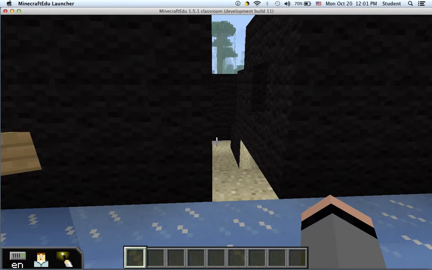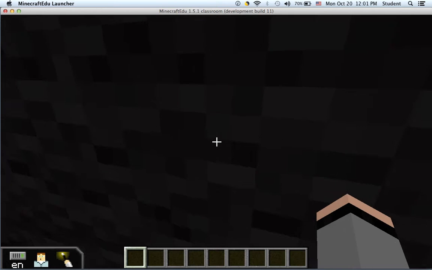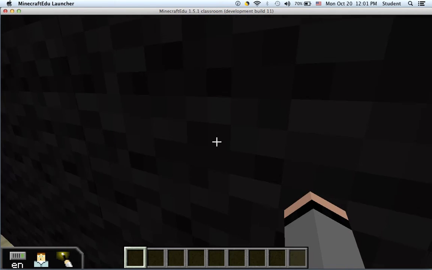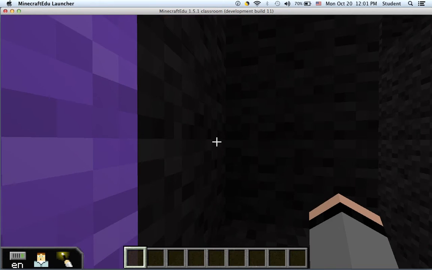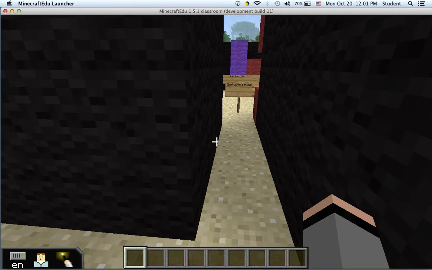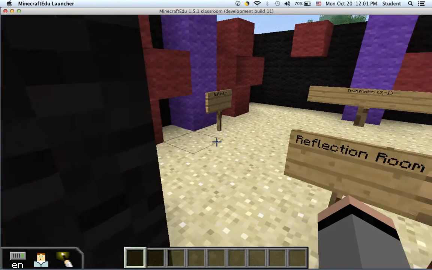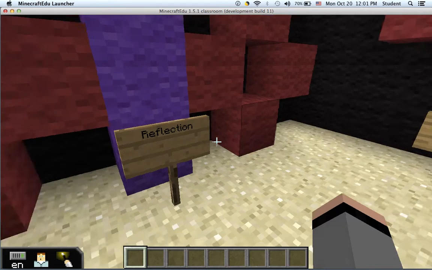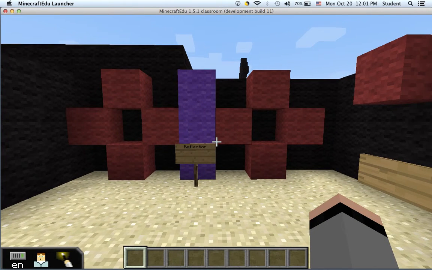And so if we keep going straight, you'll see you can go right or left. If you choose to go to the right, you can't because there's a purple wall. And then, so you go this way, you have the reflection room. So if you step in and just look to the left, you have a simple reflection across the y-axis.